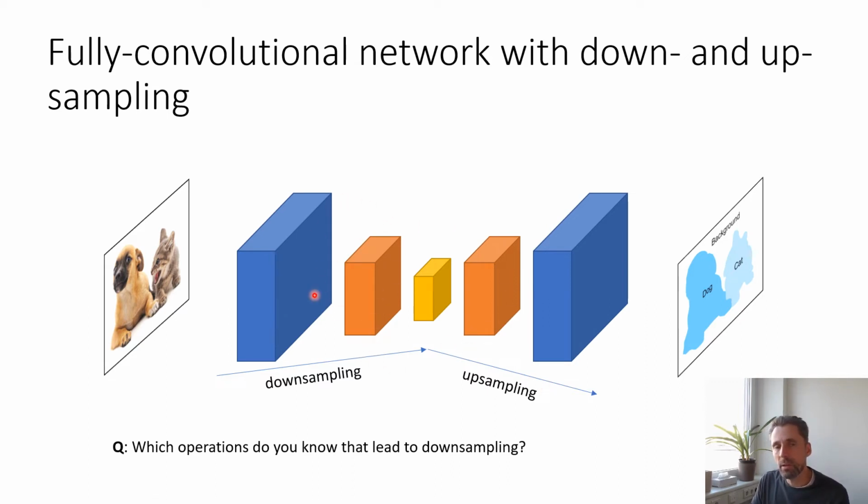So in this middle part, we save parameters. So which operations do we know that implement downsampling? I think we have discussed a couple of those, and we have not yet discussed what upsampling methods there are, and we will discuss them in the following slides. But first, this question: which operations do you know that lead to downsampling?